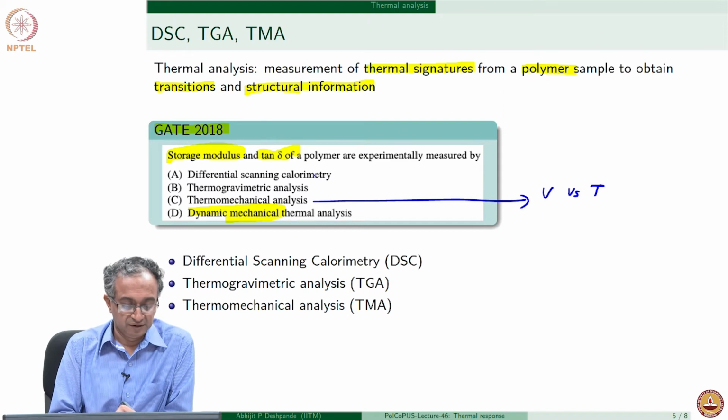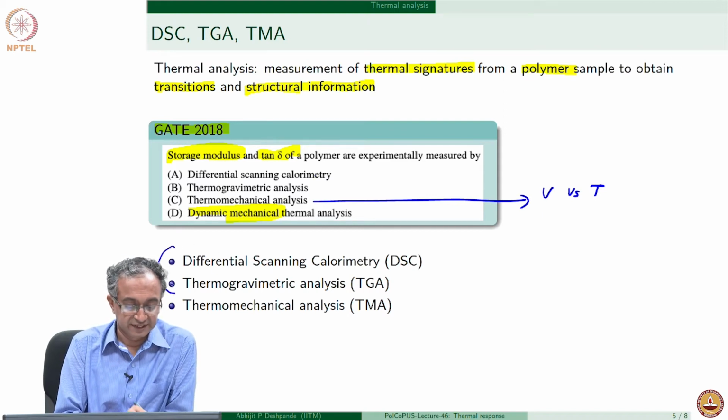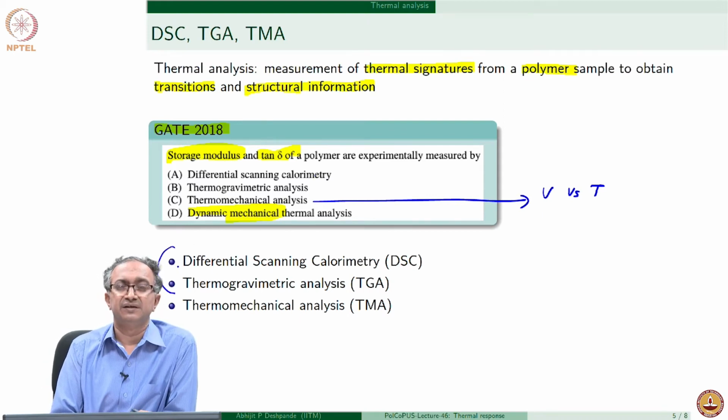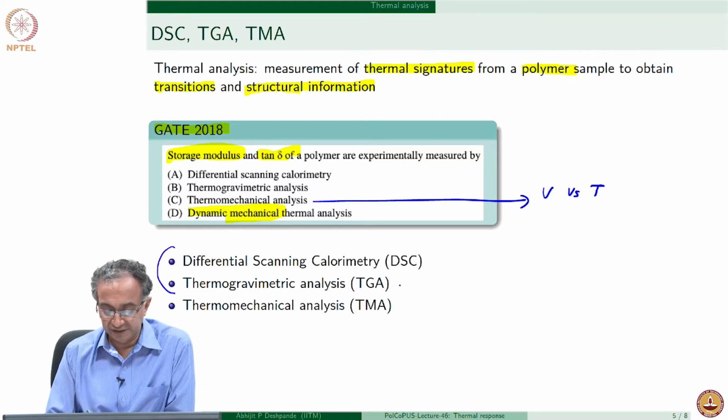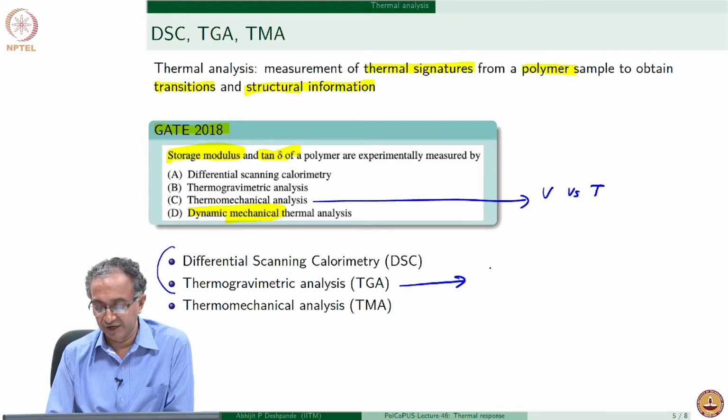So, let us look at the differential scanning calorimetry and TGA in a little bit more detail. TGA is basically where we look at weight as a function of time or temperature.